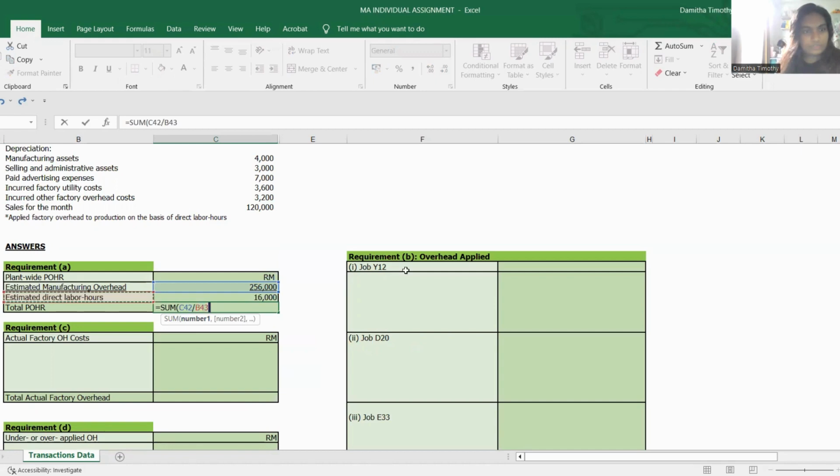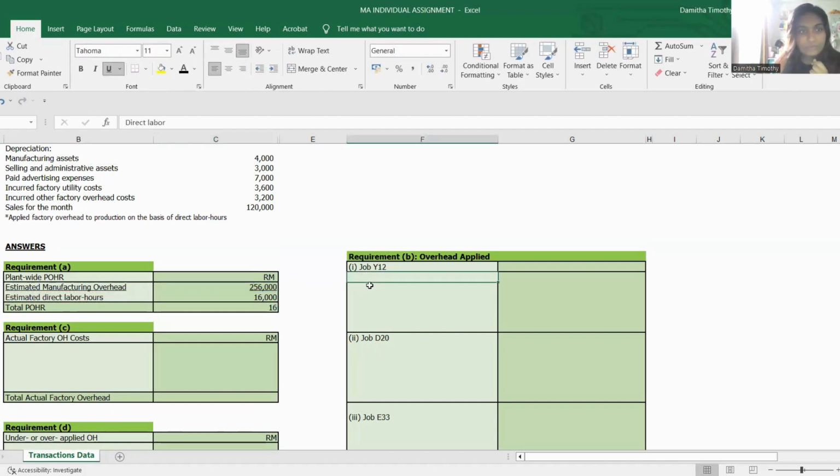Next, we'll move to the requirement D, overhead applied. For the overhead applied here, we will start by finding the actual direct labor hours. The formula for actual direct labor hours is the direct labor cost divided by the direct labor cost per hour.